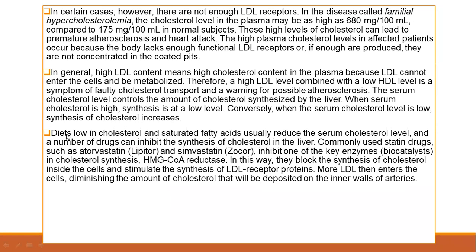But again, as I mentioned earlier, if you take diets that are low in cholesterol, it also reduces serum cholesterol level in the body. So it can actually help your body. And also decrease your chance of getting atherosclerosis or increased high blood pressure that would lead to heart attack, because of the reduced blood flow.